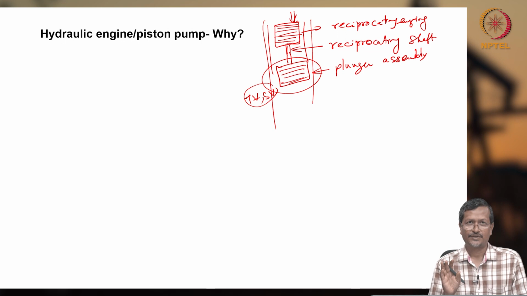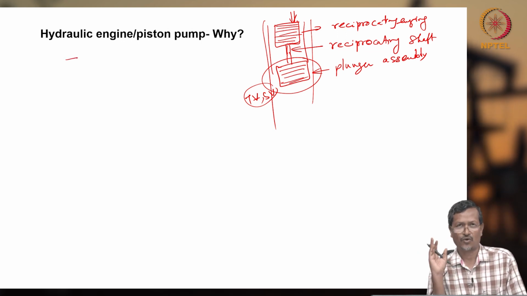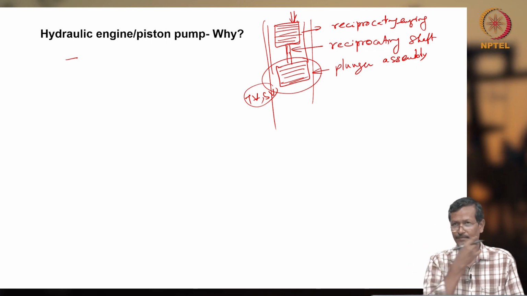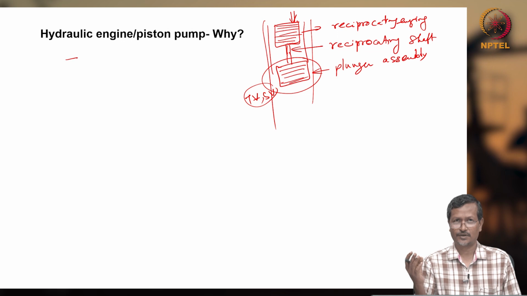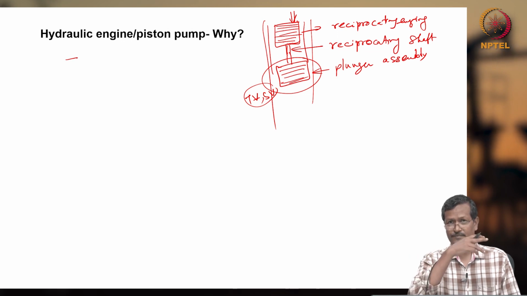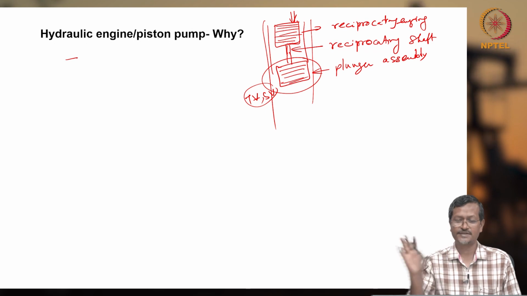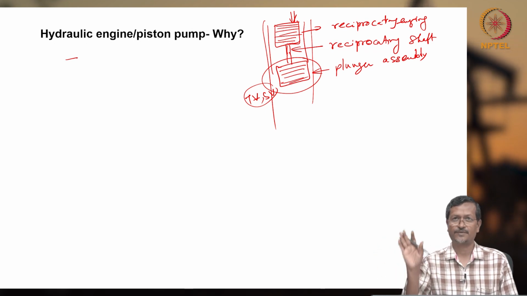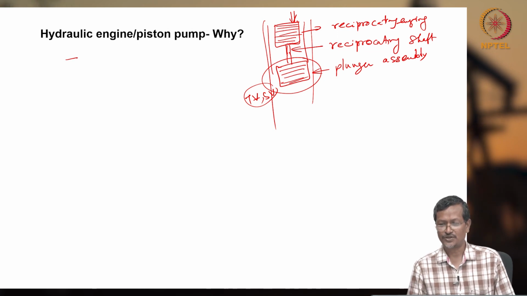The good thing is that you can go to any depth. You don't have a long rod, long beam, or long hydraulic motor, and the balancing mass and all these things you avoid here. You only have a surface pumping unit, and an inserted reciprocating engine and plunger assembly.